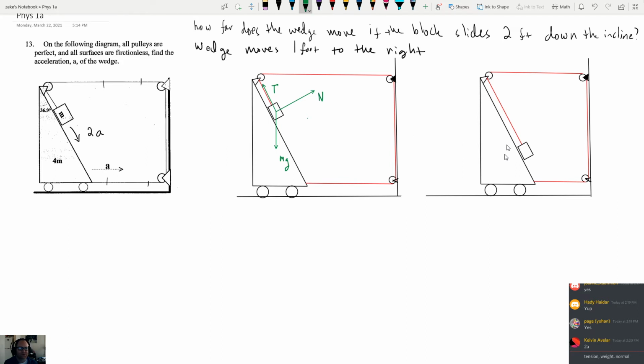I think what we'll do is draw the forces acting on the wedge over here, but then after we've drawn them, I'm going to make another free body diagram that's cleaner. So I'll draw the forces where they are on the wedge. What are the forces on the wedge?